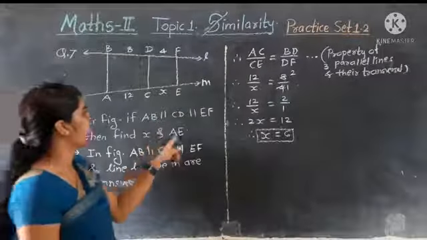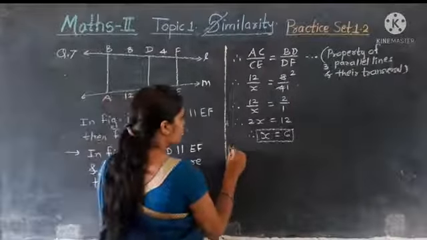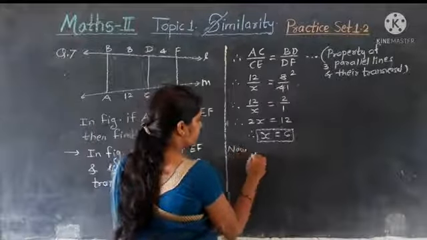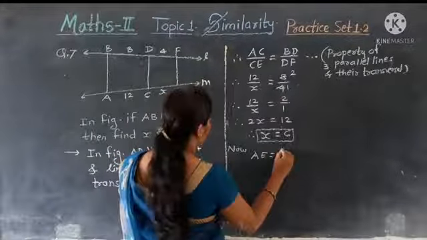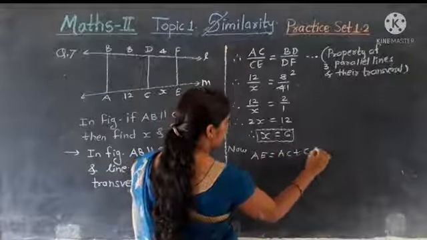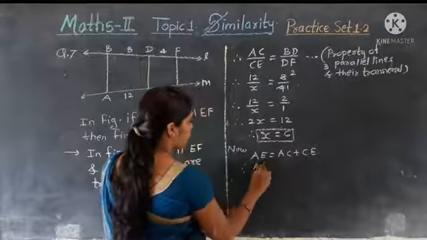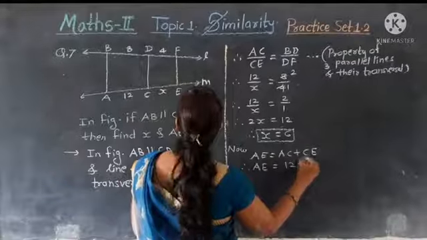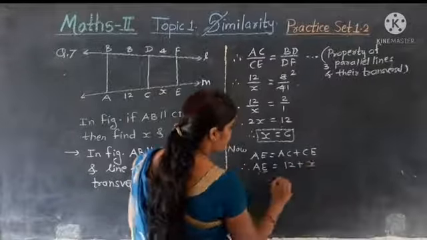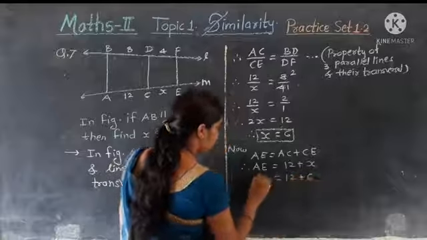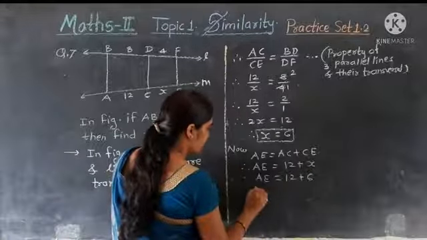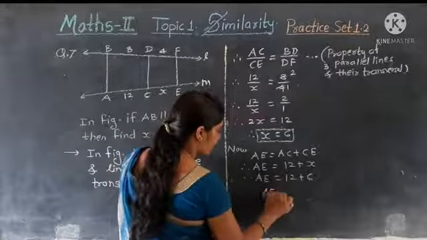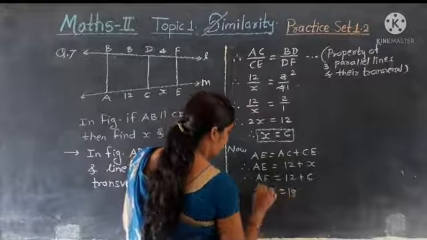We have to find x and AE. Now AE is equal to AC plus CE. Therefore, AE is equal to, what is AC? 12 plus CE is x. X means 12 plus 6. Therefore, we get AE is equal to 18.